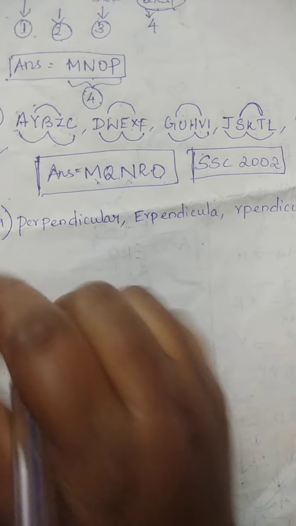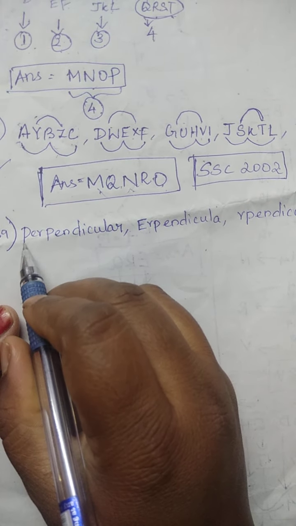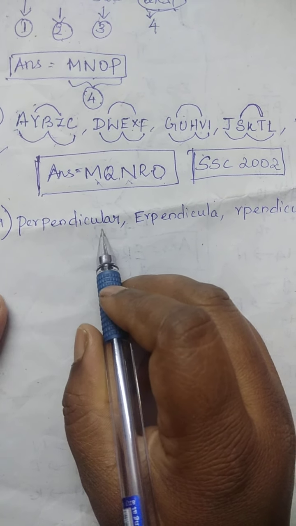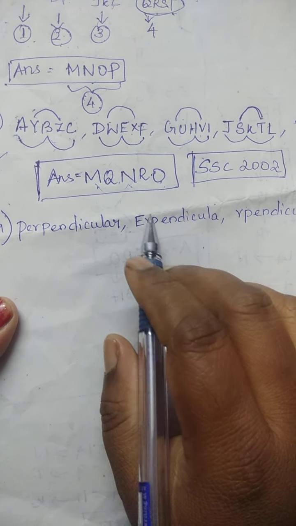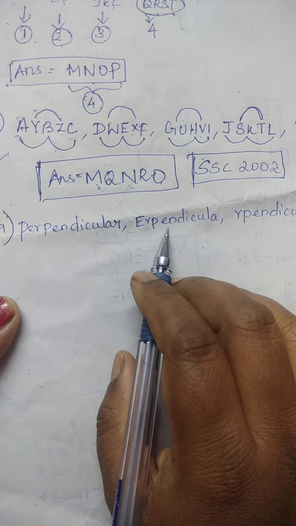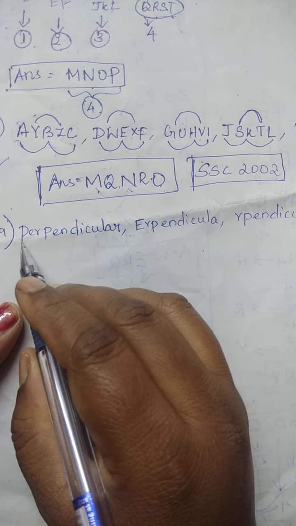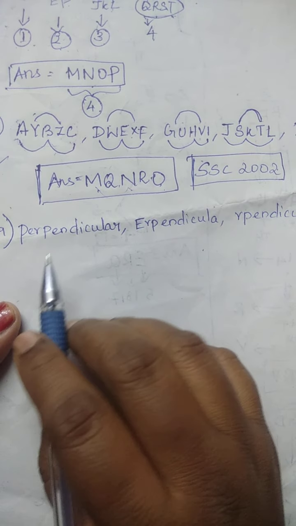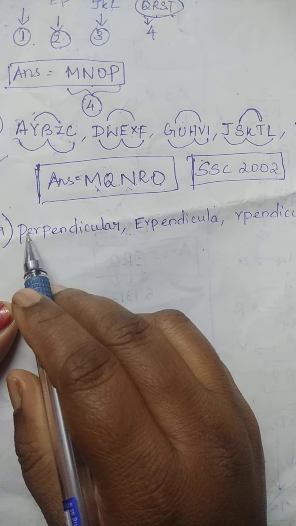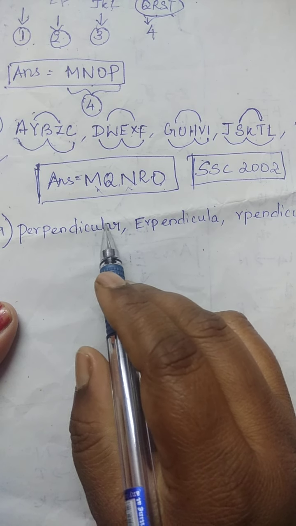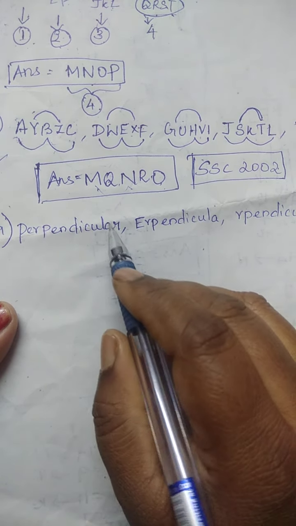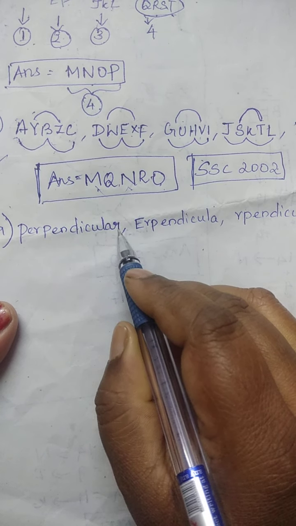See here, perpendicular. The given first one is perpendicular. The second one is this. What's the difference between the first and the second one? P is not present here. Then other E, P, E, N, D, I, C, U, L, A are present. Then R is also not present here.